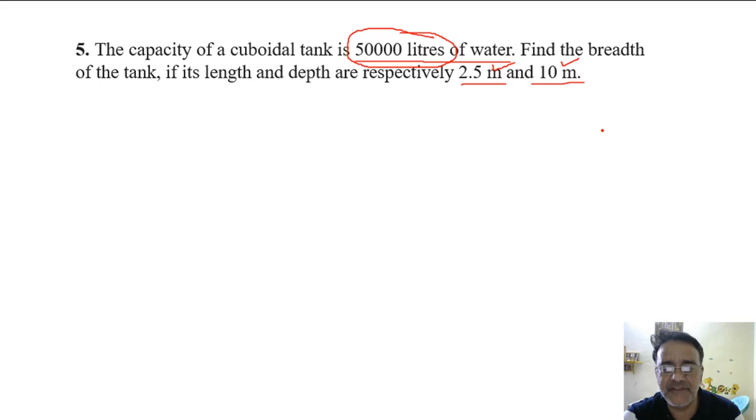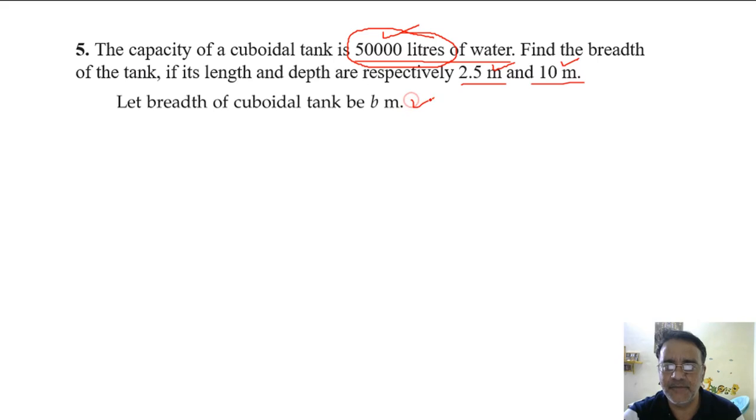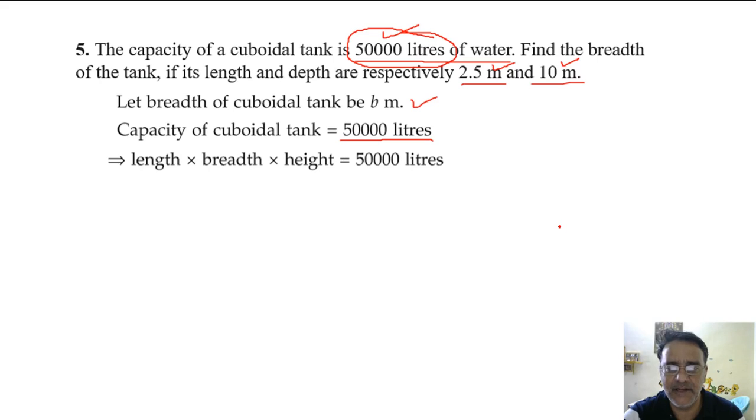So just now we have seen 1 meter cube is equal to how many liters? 1,000 liters. So if you want to convert it into meter cube, you have to divide it by 1000. Okay, so let us start. Let the breadth of the cuboidal tank be B meter and the capacity of the cuboidal tank is given as 50,000 liters, right?